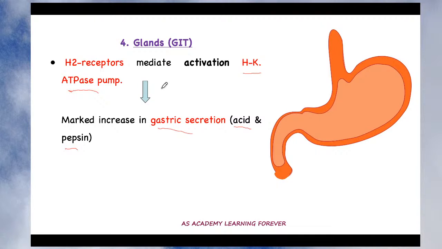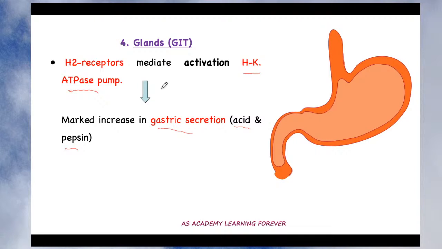So what do we mean by gland? A gland is a tissue which can secrete a hormone or a biological fluid. Any cell having the ability to secrete a hormone or a biological fluid is called a gland. Now your intestine is a gland because it secretes digestive juices.